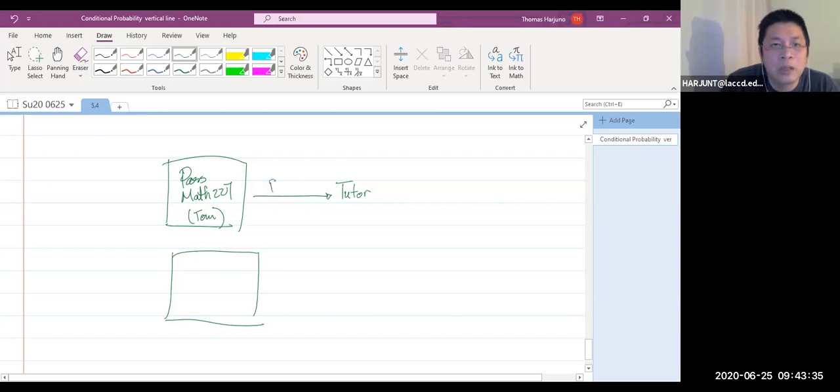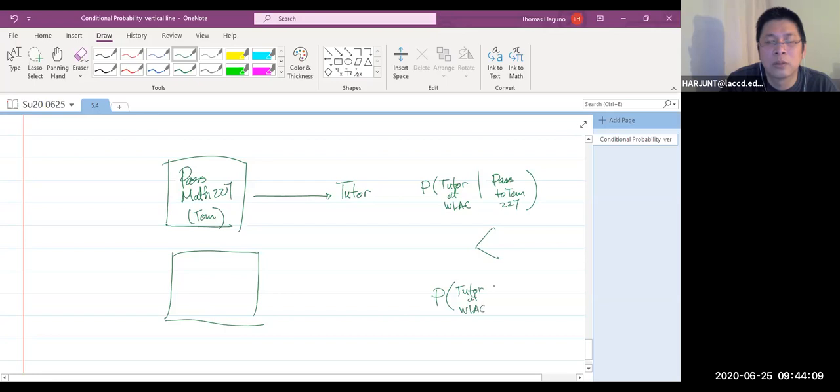The probability somebody tutors at West LA College, given that person passed Thomas' class, is actually less than the probability somebody tutors at West LA College, given that person passed 227 but not from Thomas.